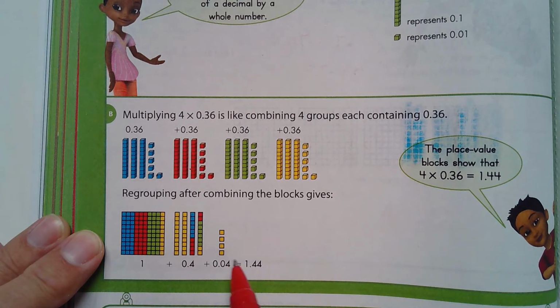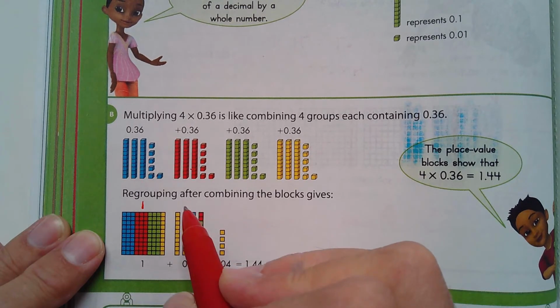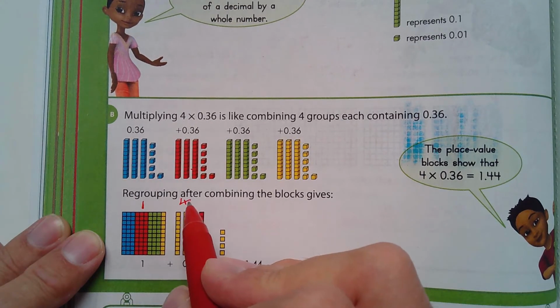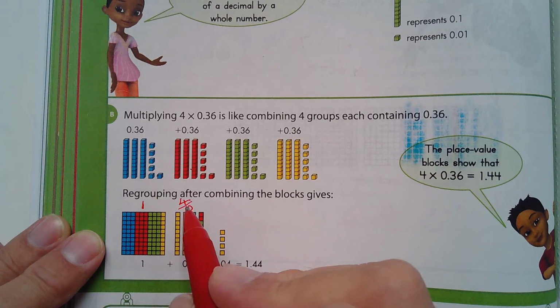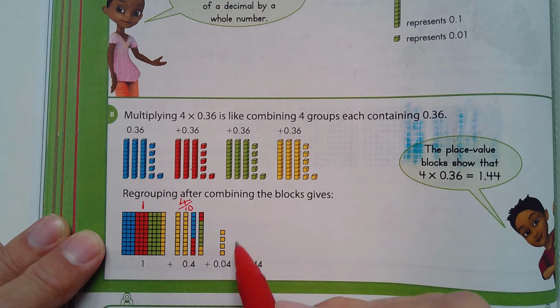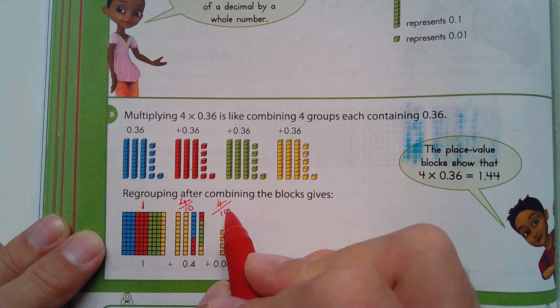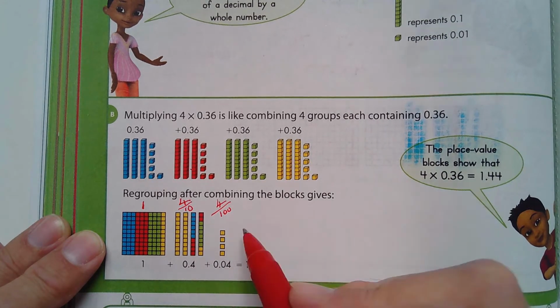So this is the 1. These are the 1/10ths, or I could write it as 4 over 10, or 4/10ths, because each one of these is a 10. And this is the 100ths. So this would be the same as 4 over 100, or 4 100ths.